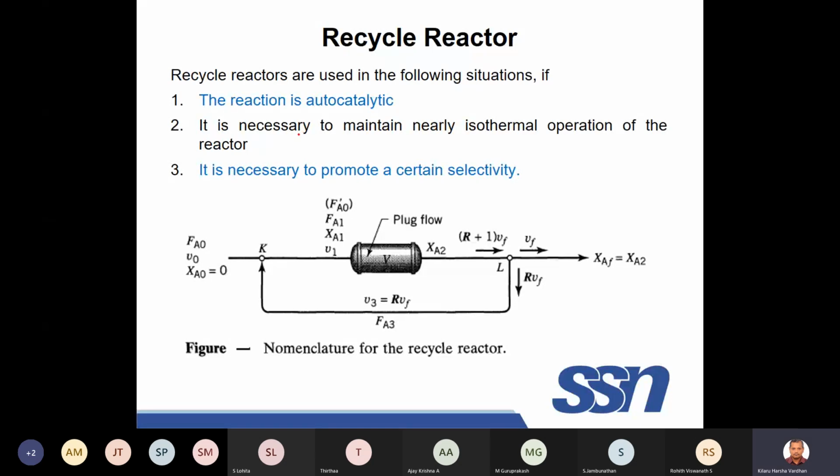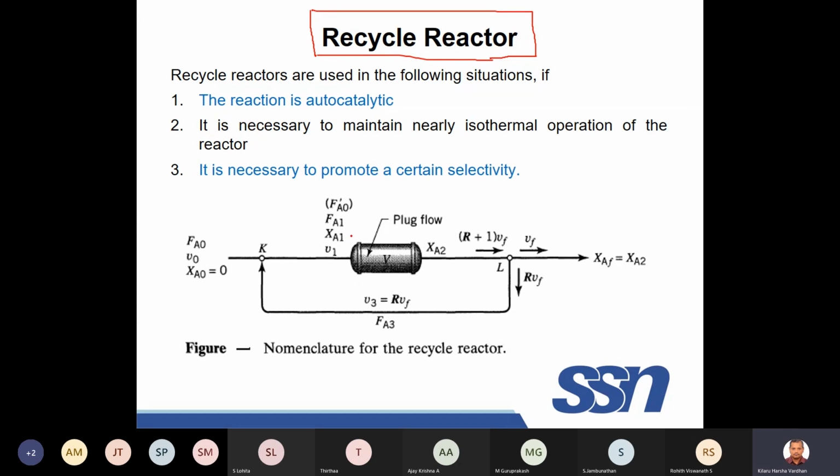Now we'll go for the next type of reactor, called a recycle reactor. What does this recycle reactor mean? It is neither a plug flow reactor nor a CSTR nor a batch reactor. It is a continuous reactor where you are keeping a plug flow reactor.